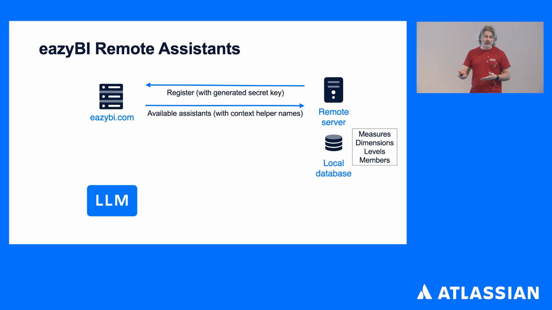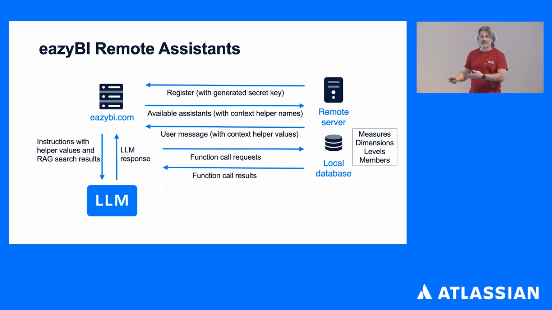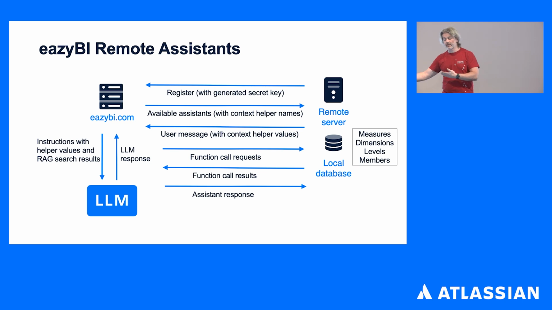Then it registers with our cloud service and gets some secret keys, and then they can get the available assistants. Users can send their message and get the response. If some function calls are necessary, they are sent back, executed remotely, sent back, and we provide the final response. From the user's perspective, they practically get the same experience.